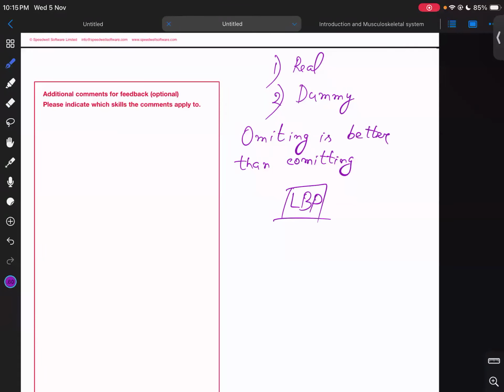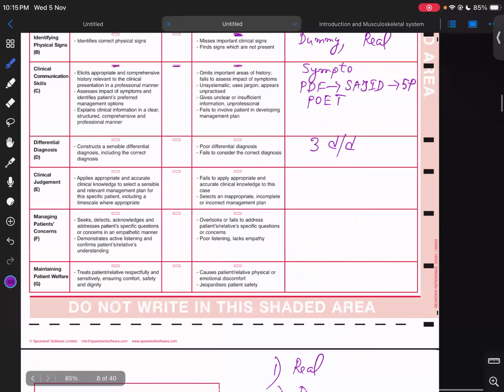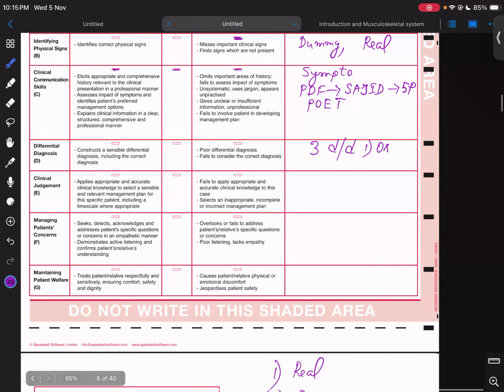There are basically 2 types of low back pain: one is inflammatory and one is mechanical. From the history taking, you have confirmed that this is a mechanical low back pain and that your diagnosis is osteoporosis. So you have to tell, my first differential diagnosis is osteoporosis. Second, it can be disc prolapse, but against that I have not got any signs from the physical examination, like any shooting pain radiating to the lower limb.